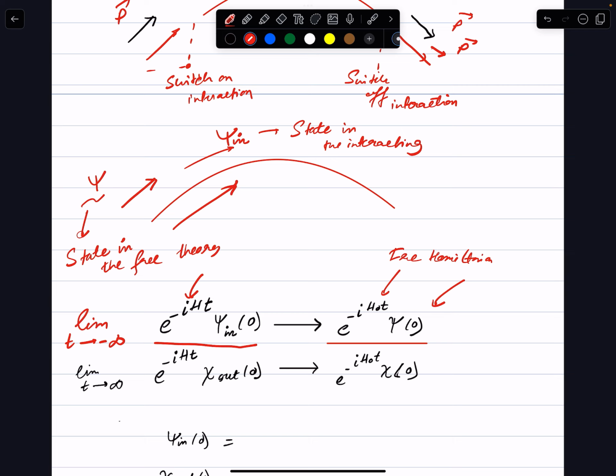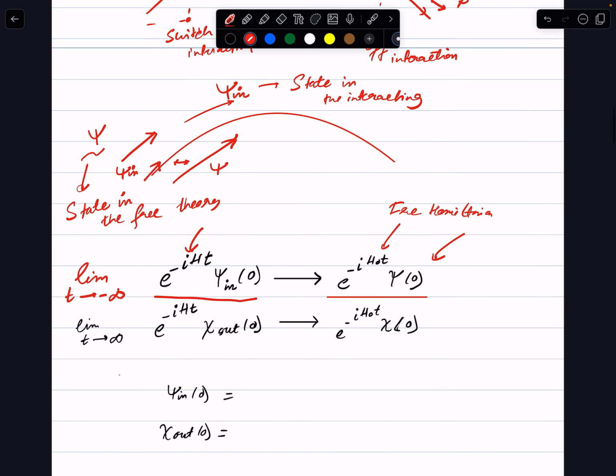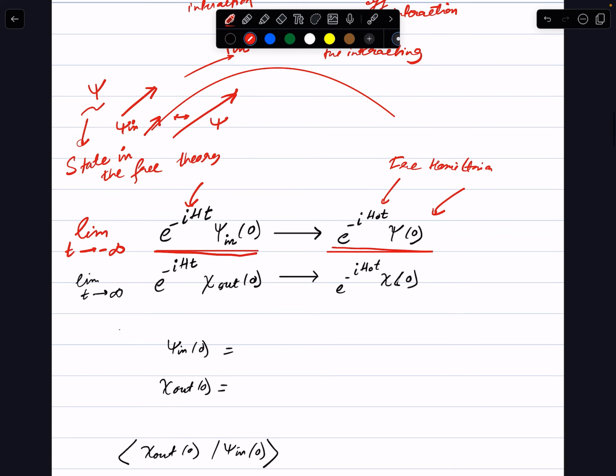This is a free particle with no gravity. And in the far past, this tangent also approaches that free particle with no gravity. So this is like your psi and this is like your psi in. So psi in, evolving with the full Hamiltonian, in the far past has a time evolution that looks like the time evolution of a free particle psi 0.